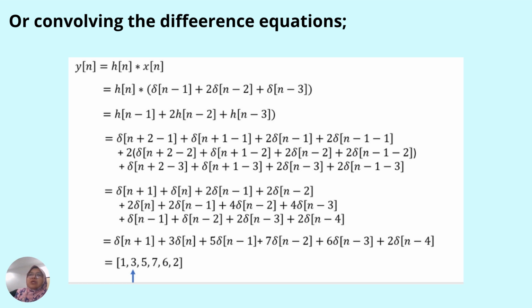2Hn minus 2. So there, it means that all the delta, you have to minus, all the n's minus 2. Okay, all the n's minus 2. And the whole equation has to be multiplied by 2. Okay, and then the third term is Hn minus 3.